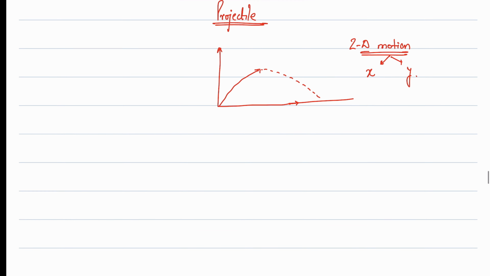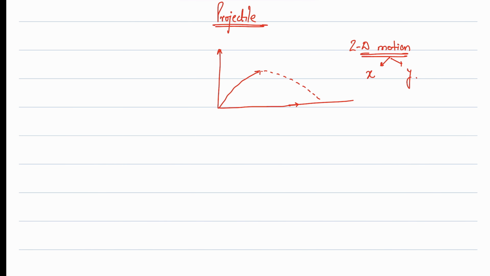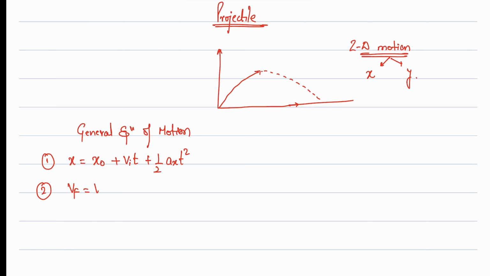Fine. Okay. I will tell you some basic equations so that you can relate with this and solve. First, we have the general equations of motion. The first one: x equals x naught plus vi t plus half a x t squared. Second: vf equals vi plus a times t.